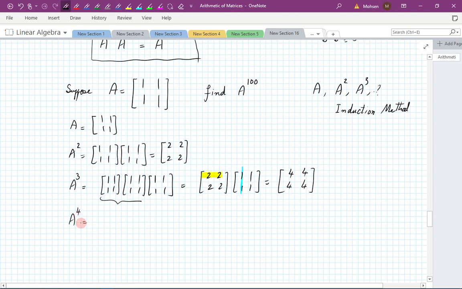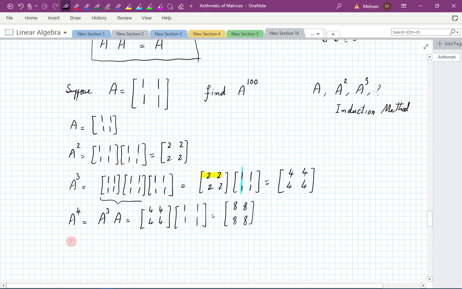So what happens in A to the 4? I can think of it as A cubed times A, and A cubed was 4 4 4 4, and A was 1 1 1 1. Then when I multiply a row and a column, I get 8 8 8 8. Well, feel free to press the buzzer as soon as you see the light at the end of the tunnel.